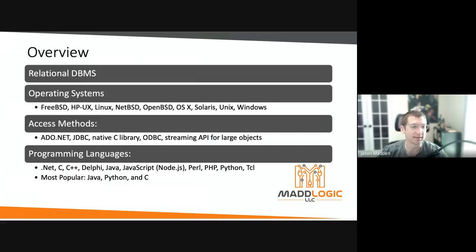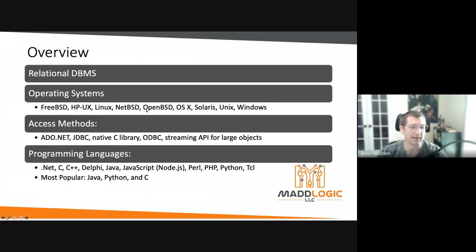Operating system wise, Postgres is hostable on all these operating systems. FreeBSD is still pretty common, especially in the Docker world. HP-UX, I've actually worked with it, but it's pretty well dead. Linux is very popular because of Docker and containerization.